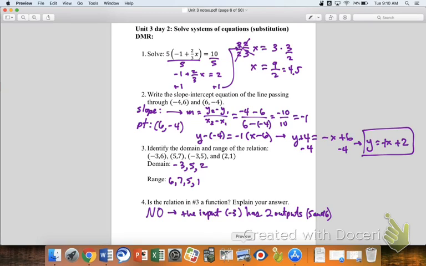So maybe to illustrate what Joe's talking about, if you had a different relation, and let's say the relation was negative 1 comma 4, 0 comma 4, 3 comma 4, 9 comma 4, 12 comma 4, and 17 comma 4. Do you see how every single input has the exact same output?